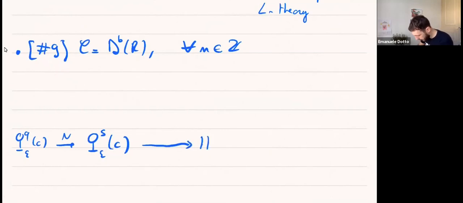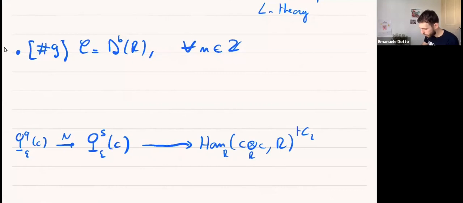The cofiber is called the Tate construction, by definition. It's the cofiber of this norm map. Okay, and the idea is to take this Poincare structure and twist it by something that lives over the Tate construction up here. So what is that?